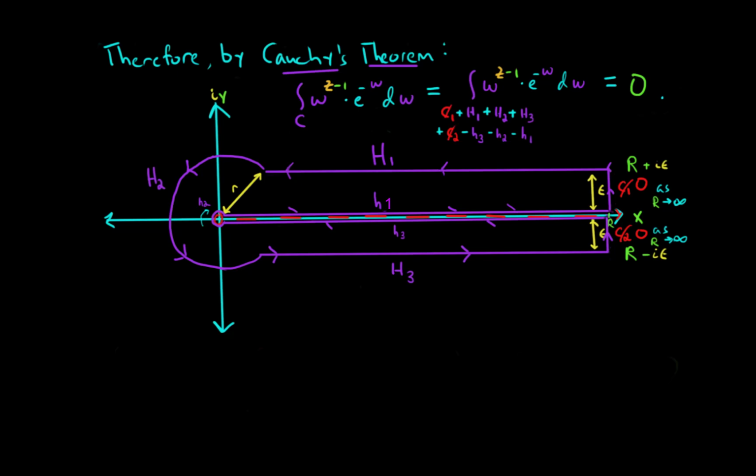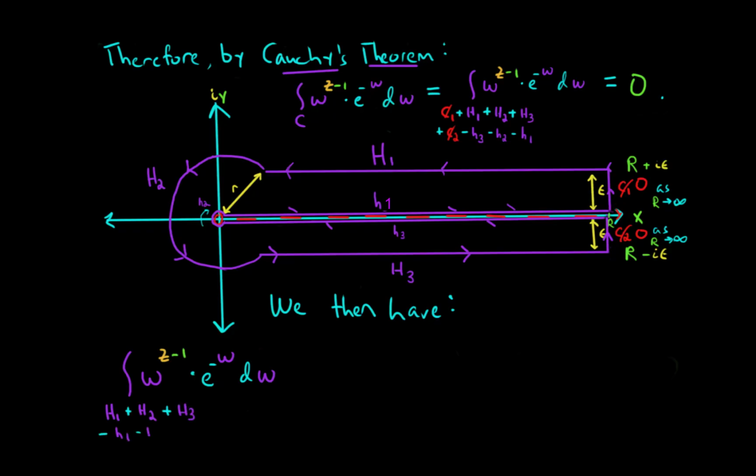So I can cross out those pieces, C1 and C2, and we then have that the contour integral of the function w to the z minus 1 times e to the negative w dw over capital H1 plus capital H2 plus capital H3 minus lowercase h1 minus lowercase h2 minus lowercase h3 equals 0.